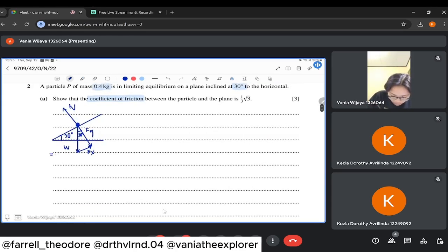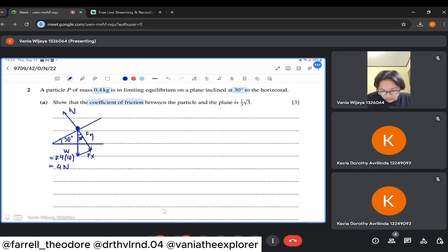The weight is 0.4 times 10, so it's going to be 4 Newton. For the x component, we have 4 sine 30. And then for the y component, which is the same as the normal force, it is 4 cos 30.